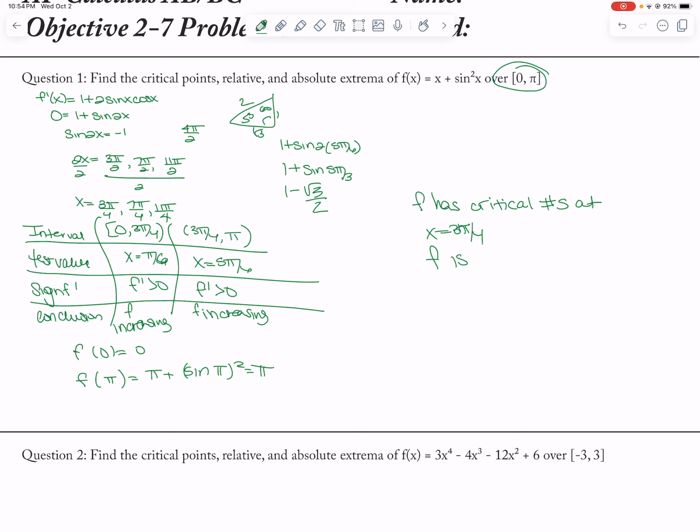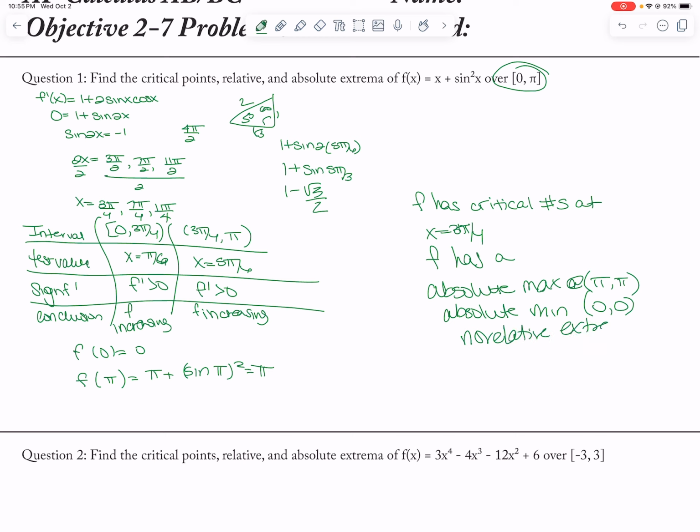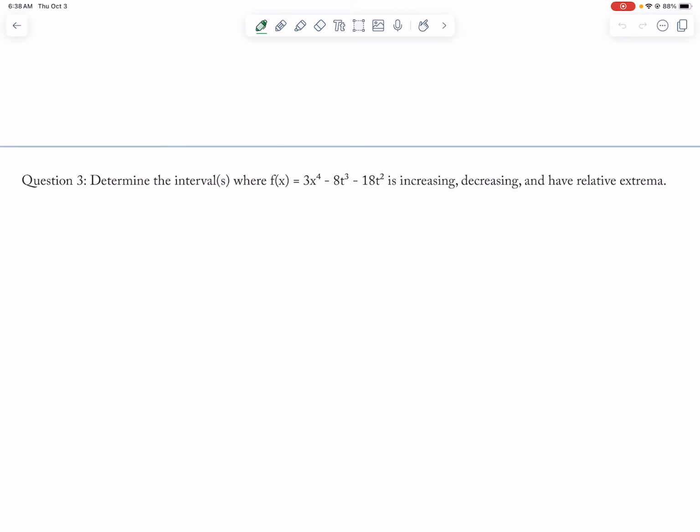F has an absolute maximum at pi comma pi, and an absolute minimum at 0, 0, and there's no relative extrema. All right, so these were all supposed to be x's.